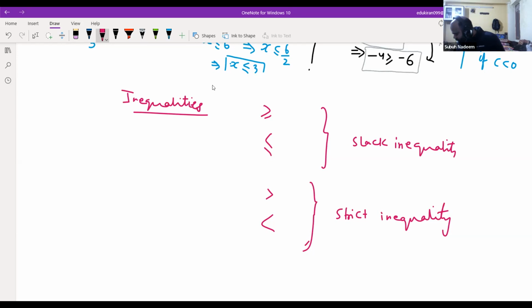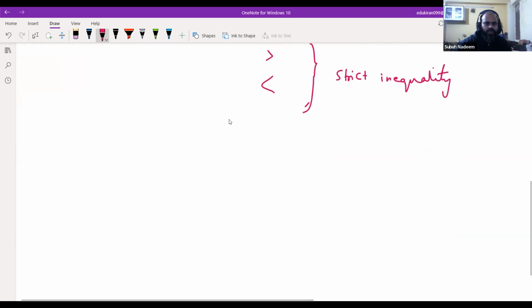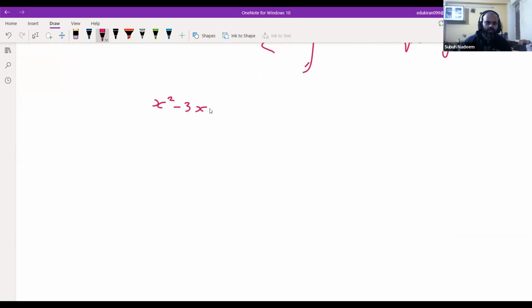So the next example which they have mentioned is x square minus 3x plus 10. Written this. That's all. So this inequality is a strict inequality. Only greater than is there.